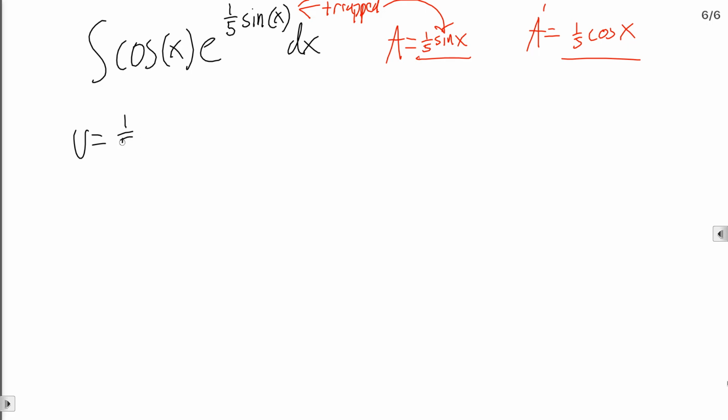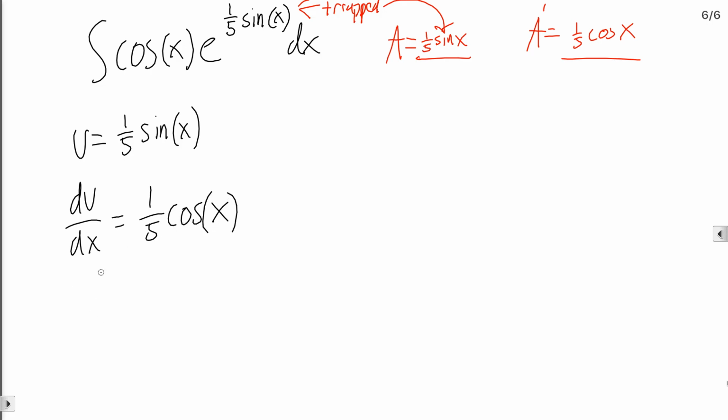So let's go 1/5 sine of x. The derivative is 1/5 cosine x. And then the du dx for this one, like I said, I only know this because I've worked this problem already and I'm trying to save time. By the time you rearrange all of this, you wind up with 5 du over cosine x.